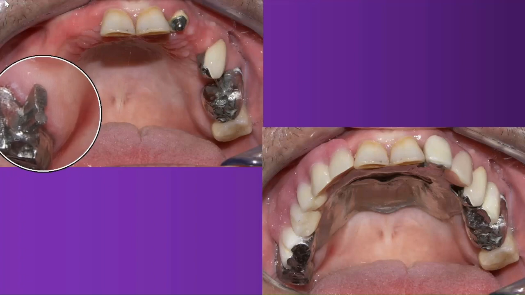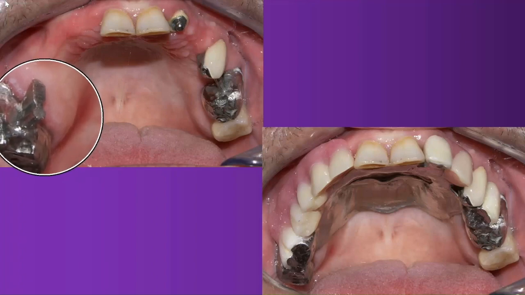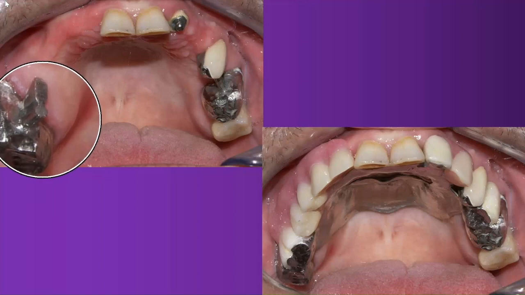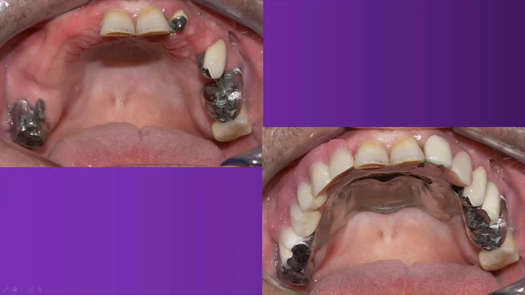But you see this cylinder allows the equatorial rider to do a click movement and to retain the denture in place. And you see the denture in place now. And now we discuss rigid systems.